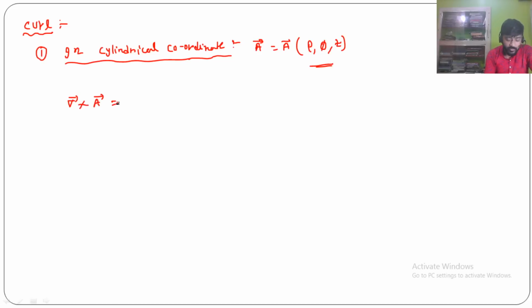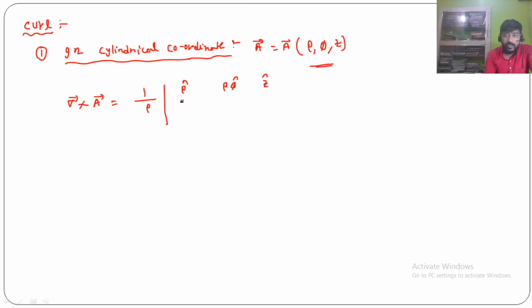The curl A, you have to write it like this: 1 upon rho, and here will be the rho cap, rho phi cap and z cap, like i cap, j cap, k cap. In Cartesian coordinate you have written i cap, j cap, k cap, and then del del x, del del y, del del z.